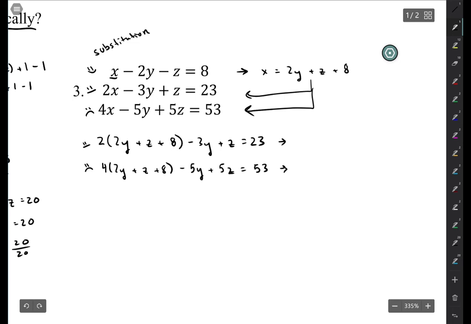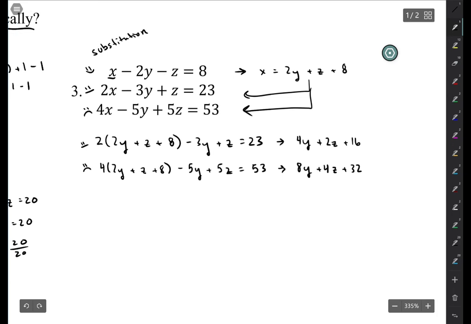So some simplifying and so forth. This is 4y. I'm going to kind of do both at the same time. Plus 2z plus 4z plus 16 plus 32, 8 times 4, 32.